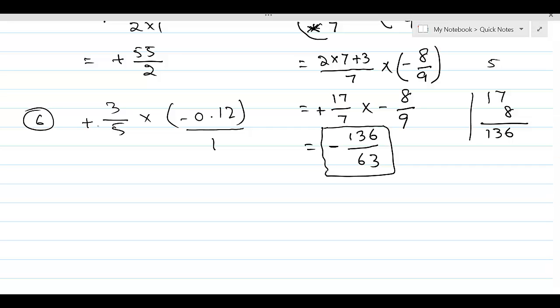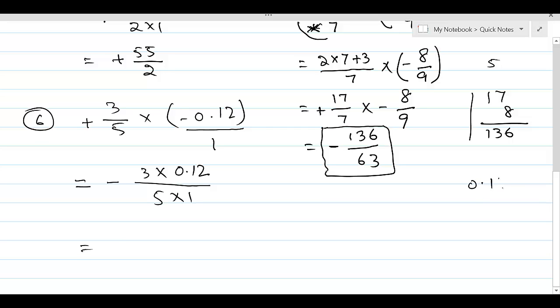So now the way we multiply fractions is we first multiply the signs. So plus times minus is minus, and then draw the line, multiply the numerator with the numerator, which is 3 times 0.12, and denominator with the denominator, 5 times 1. So what is the answer for 0.12 times 3?